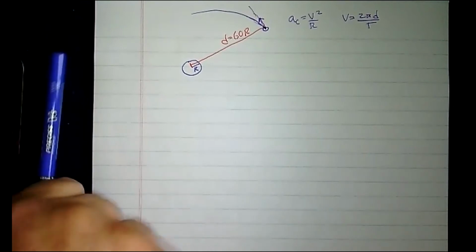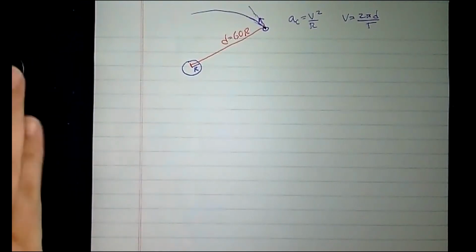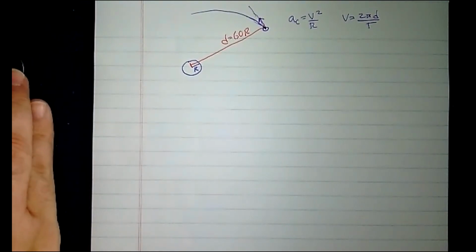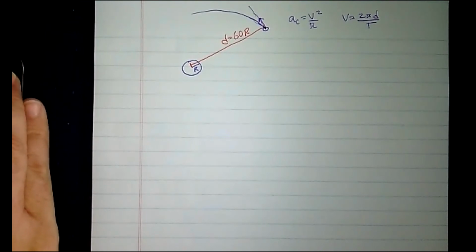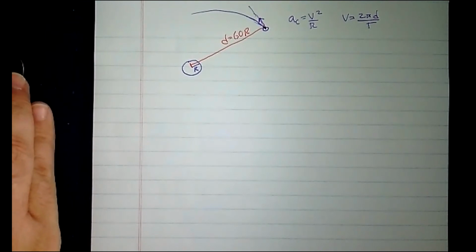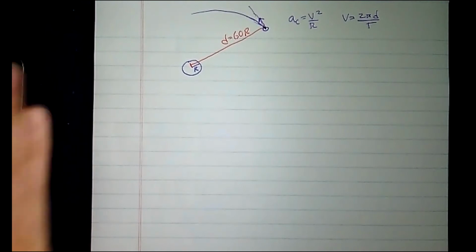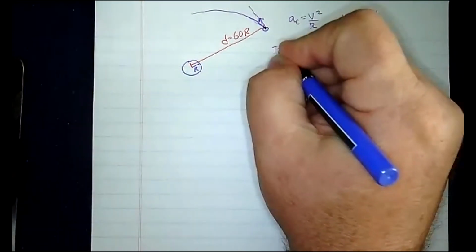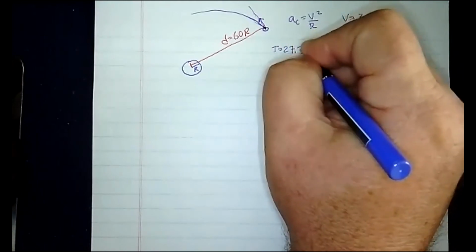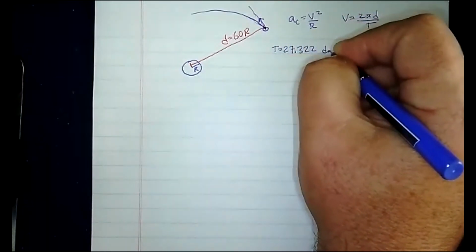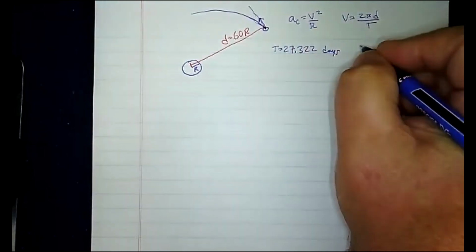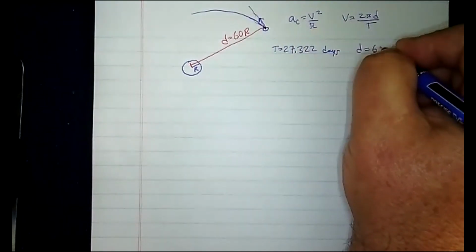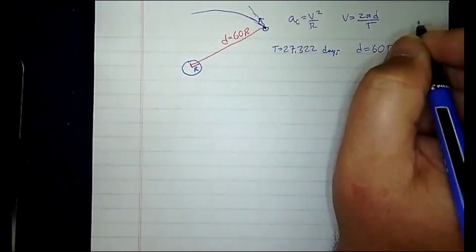So you can go ahead and calculate that. You have to use the fact that the period for the moon is 27.322 days. So we'll say T equals 27.322 days. We know that d equals 60 times the Earth radius.